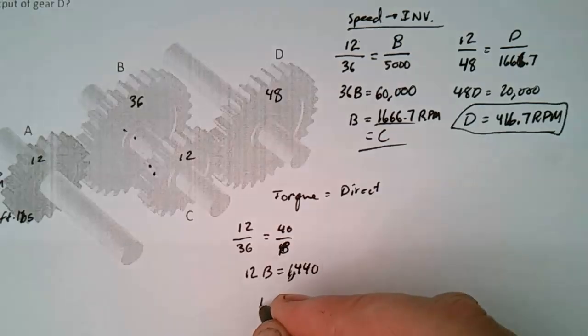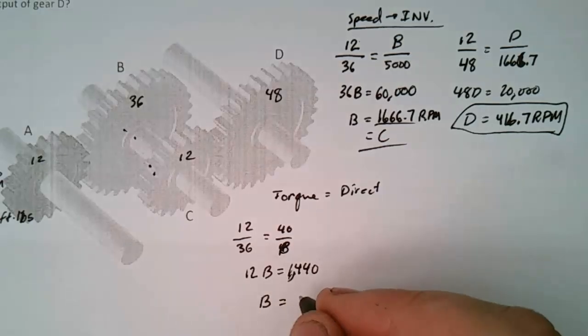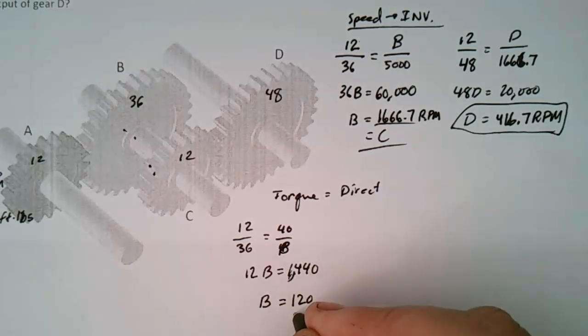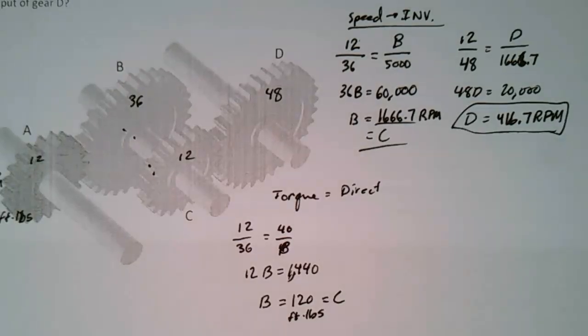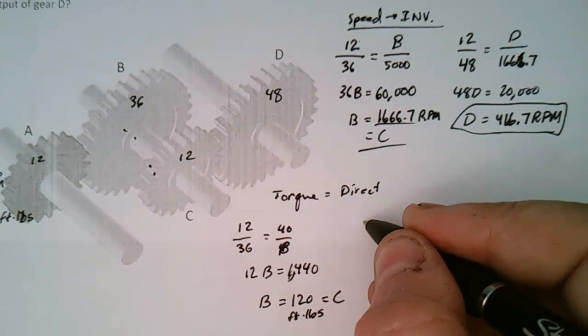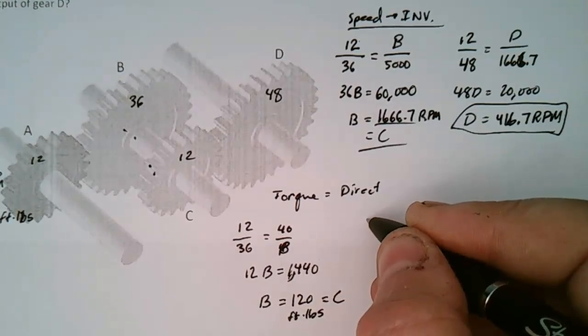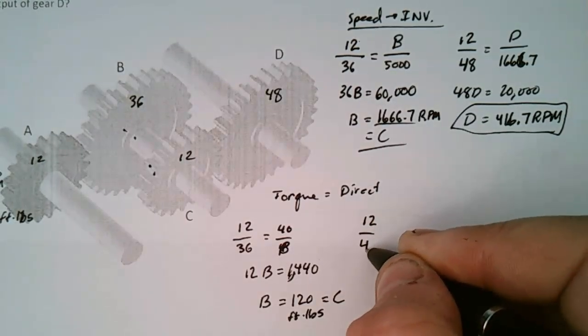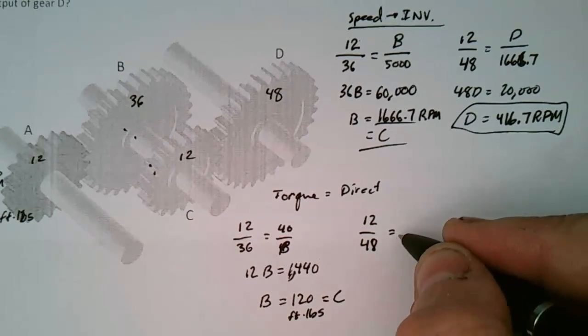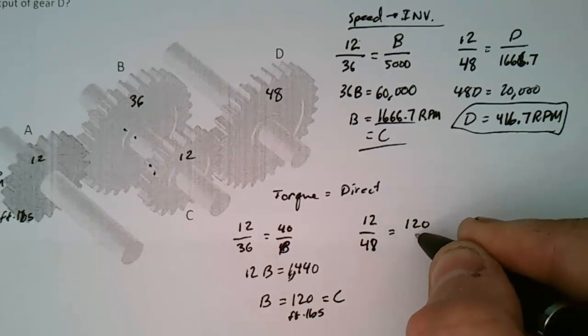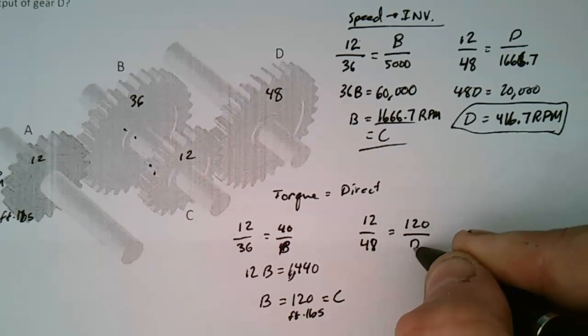And if we divide that by 12, we get B equals 120 foot-pounds, which is also equal to C, because again, they're on the same shaft. They have to have the same torque. So then we come over here and we say C over D equals C over D.